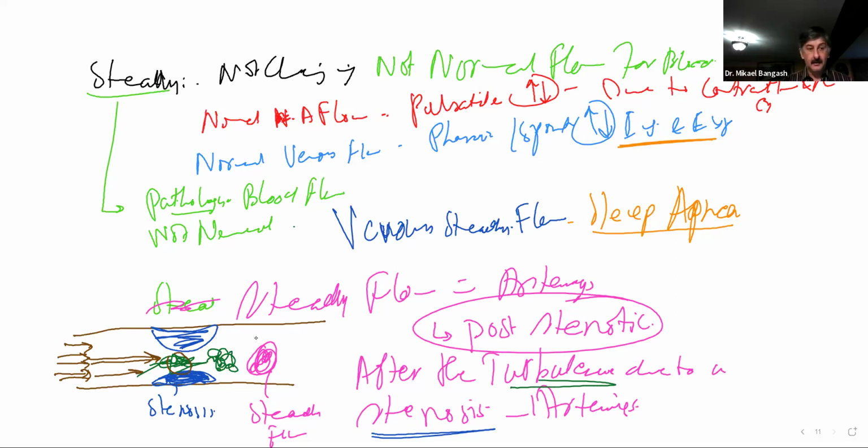Had the blood been flowing in this direction here, and this was your stenosis, then this area here would have been post-stenotic, which means it comes after the stenosis. What was the stenosis? The narrowing in the blood vessel, or narrowing in any passage, is commonly known as stenosis.